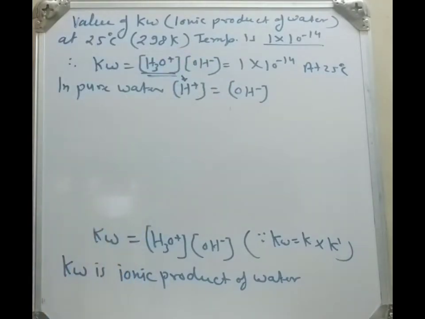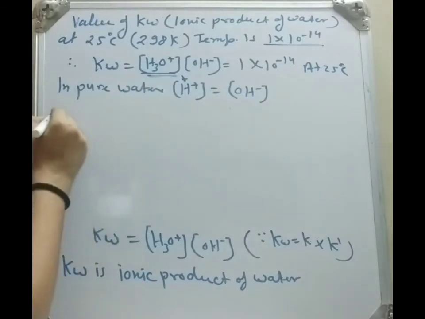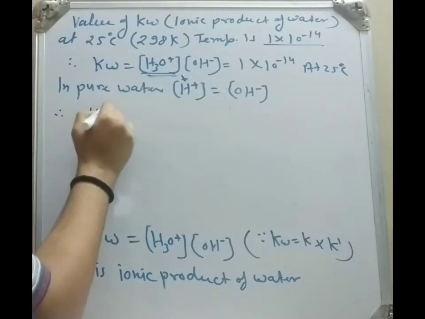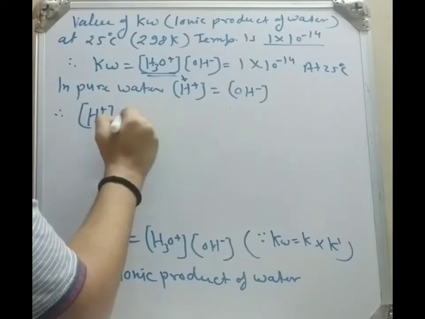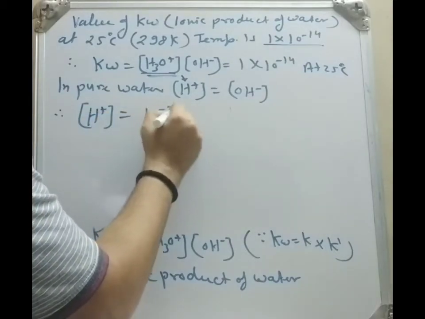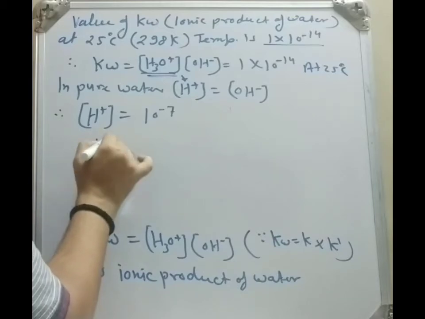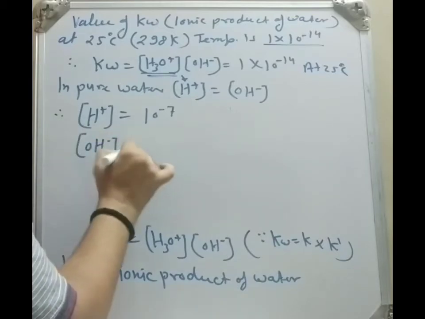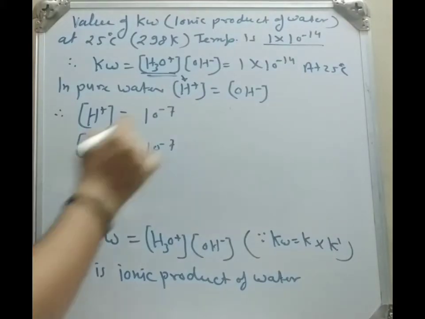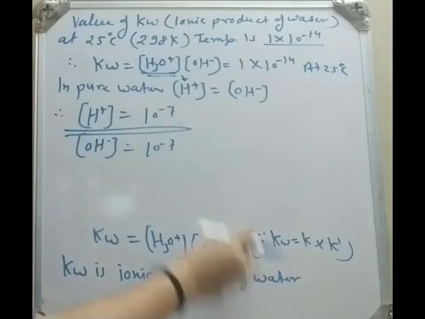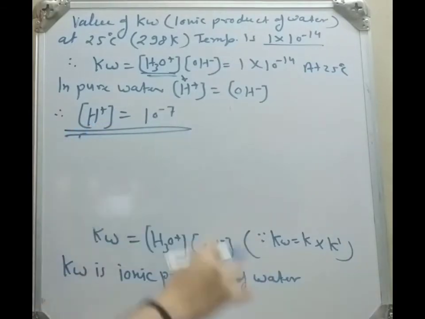So in this case we can say that H plus concentration is equal to OH minus concentration, equal to 10 raised to minus 7. So when we consider the individual concentration of H plus or OH minus, we get 10 raised to minus 7. On that basis, now we define pH.